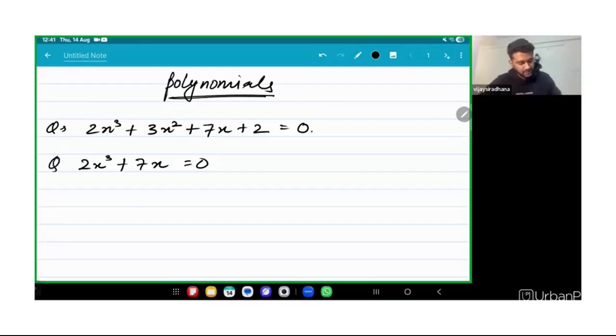Now, students, you can see that both of these expressions which I have written right now come under the algebraic expression. They are nothing but the algebraic expression.